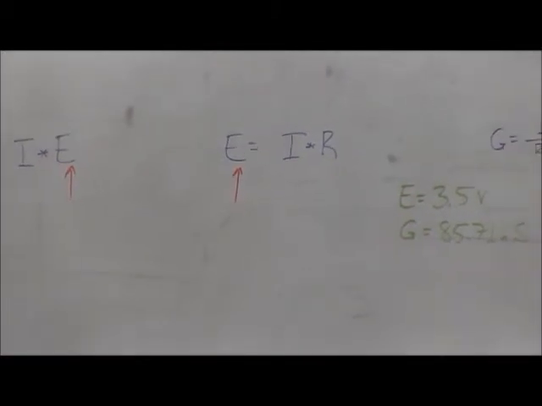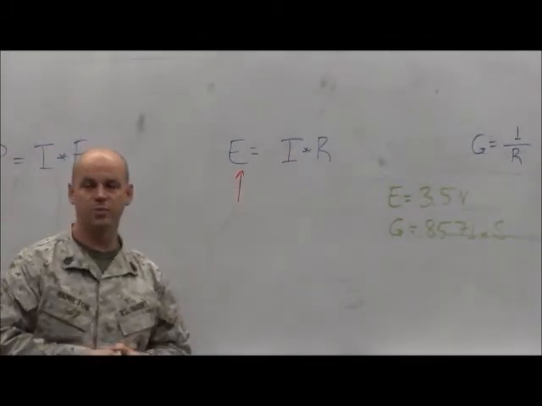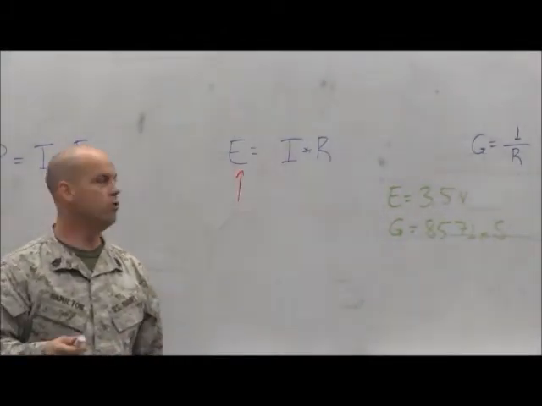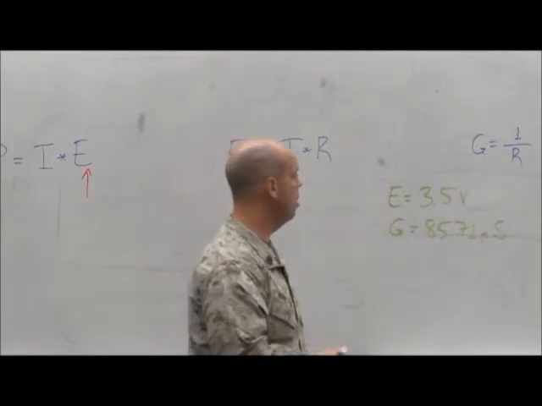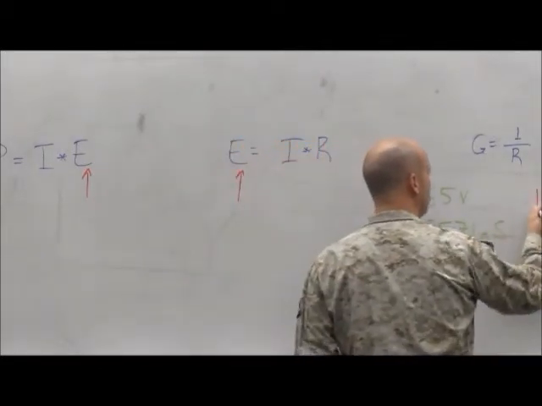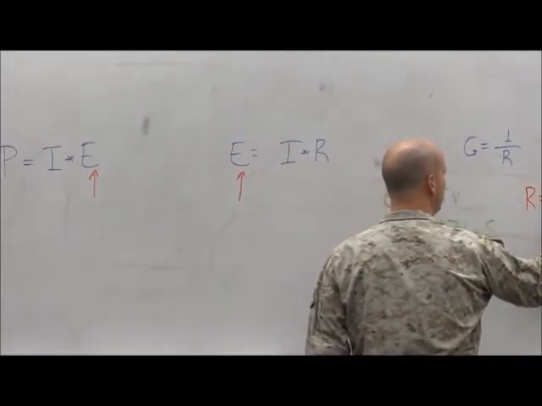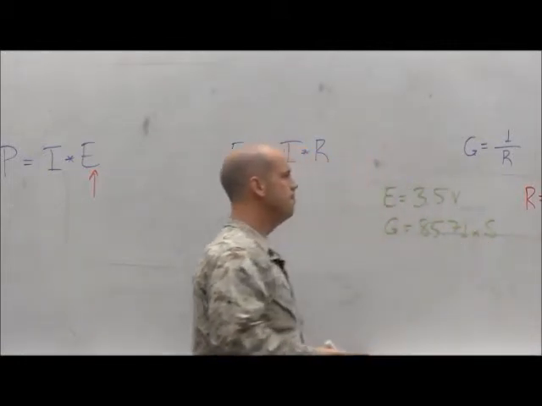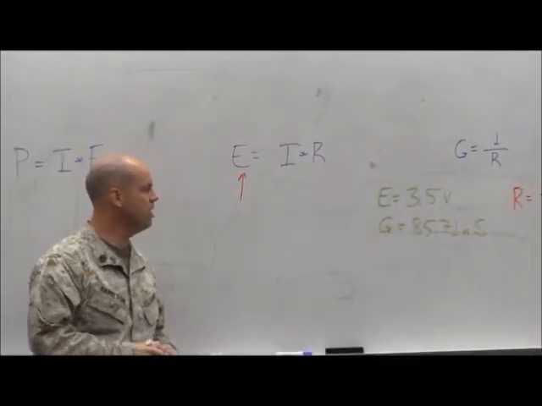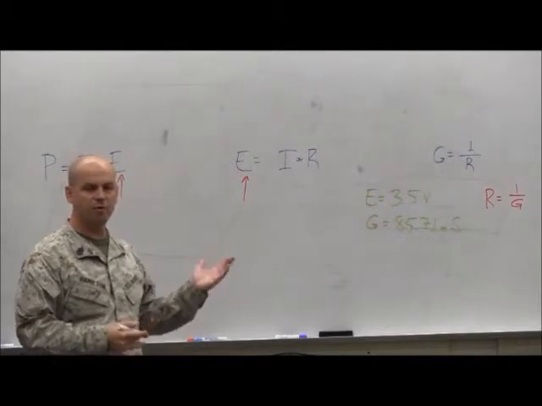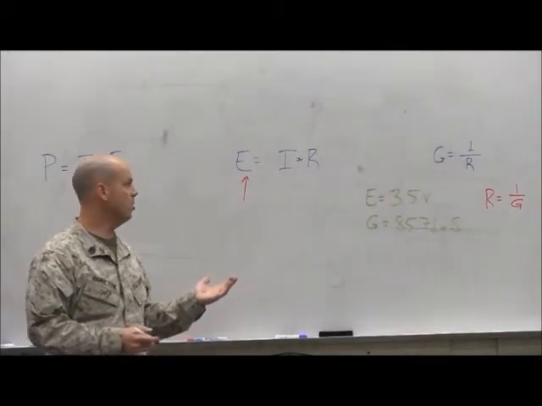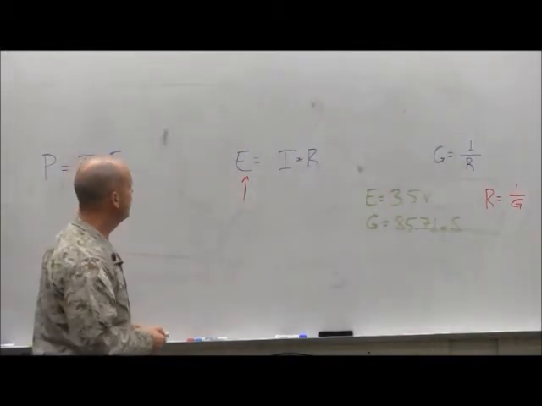Now G does not exist in either formula as we know it. However, we know that G is equal to 1 over R, and therefore R is equal to 1 over G. And if R is equal to 1 over G, then we can represent G wherever we find R. Can we find R here anywhere? Yes. Okay.